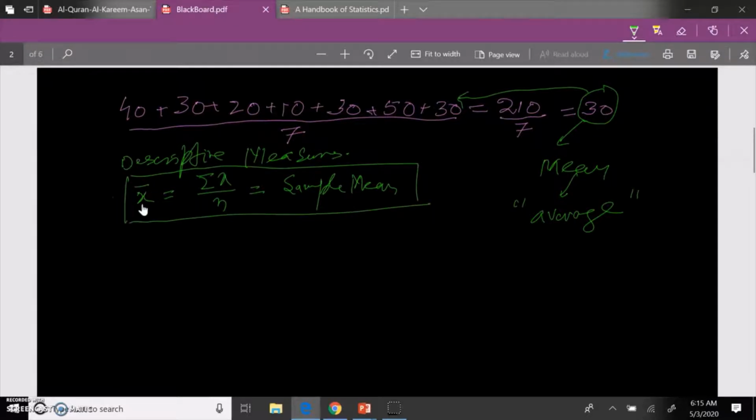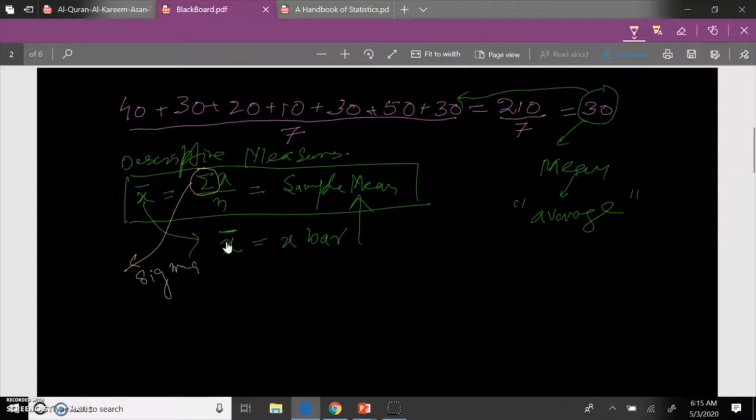Let me explain what this symbol is. This is X, and with the line on the top of that, this is read as X bar, and this is the sample mean, because we are dealing with sample data, right? This symbol is called sigma.